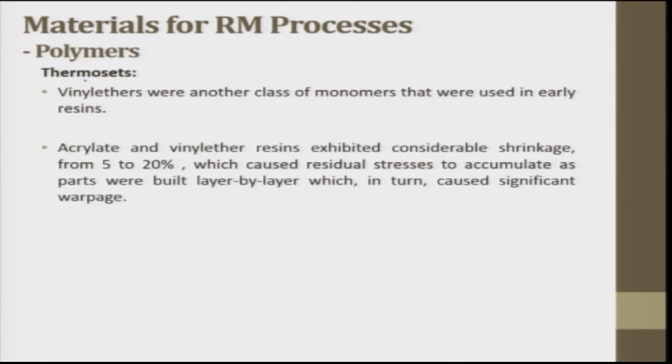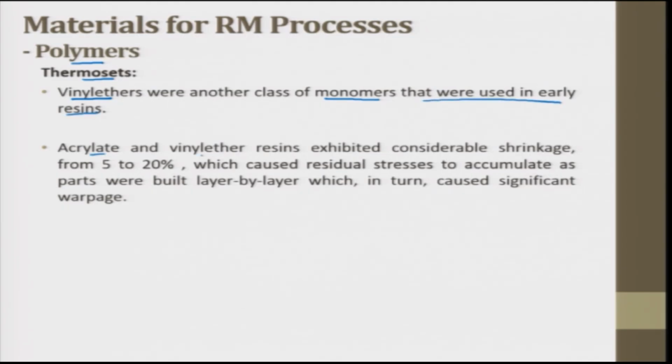Next is thermosets. Materials which I have discussed before, nylon, PLA, ABS, these are polymers, these are thermoplastic. Next is a range of thermoset materials such as vinyl ethers. Vinyl ethers were another class of monomers that were used in early resins.